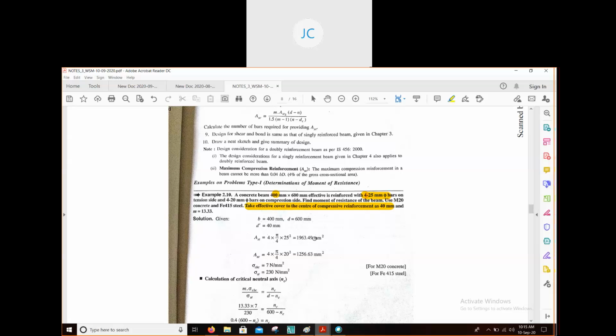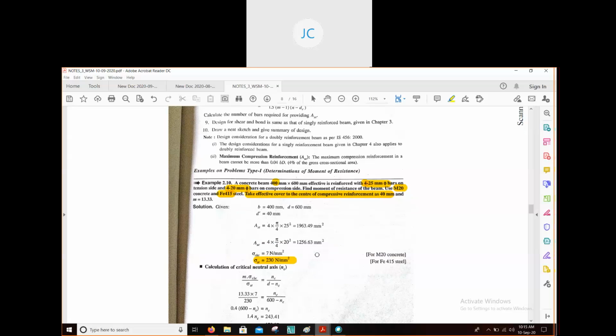Then Asc, area of steel in compression: you are providing 4 numbers of 20 millimeter dia bars, 4 into pi by 4, 20 square. Then sigma cbc we can find from table number 21, because your grade of concrete is given M20, and from the grade of steel you can find sigma st from table number 22.